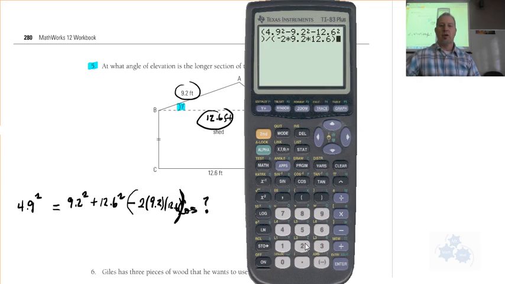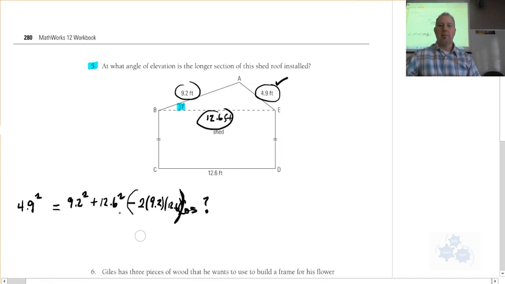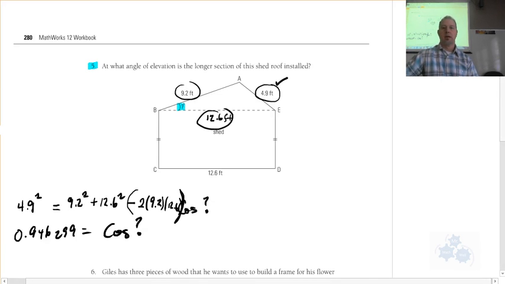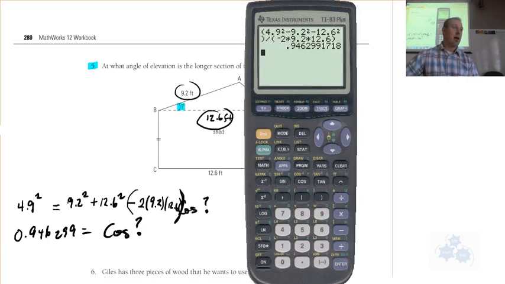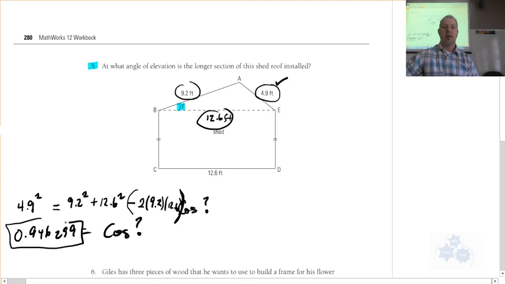Okay, so what do we get there? 0.946299. Okay, I'm going to stop and write some stuff down here now. 0.946299 equals cos of unknown. So you can do all that in one step. If you know what you're doing there, you can save yourself a little bit of time and get this number all in one step by subtracting this, and then dividing by this part.